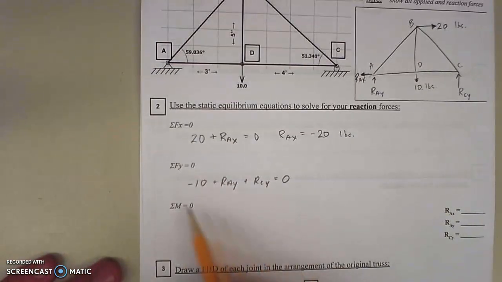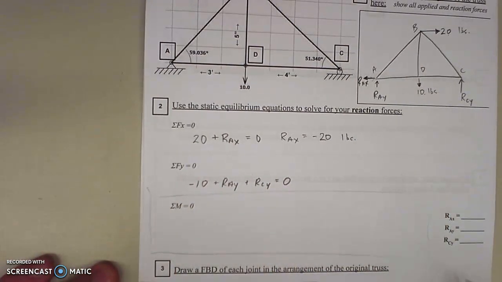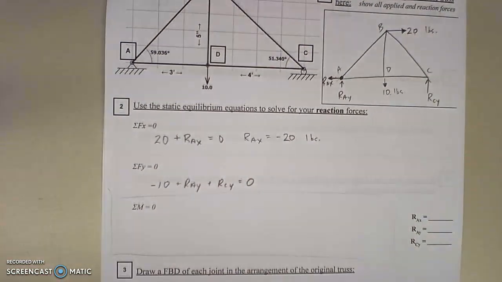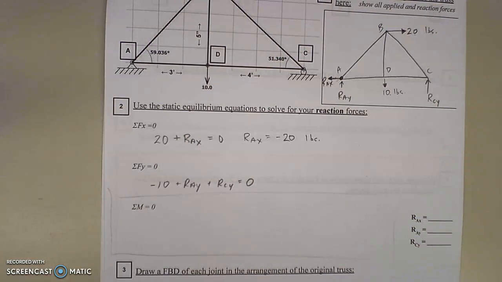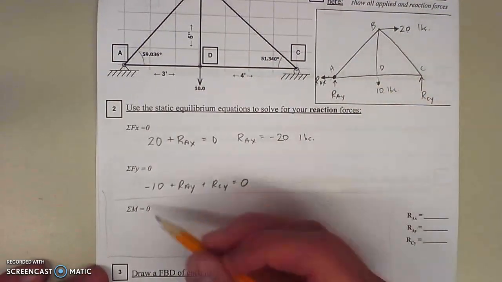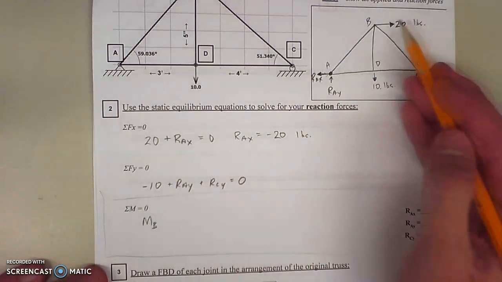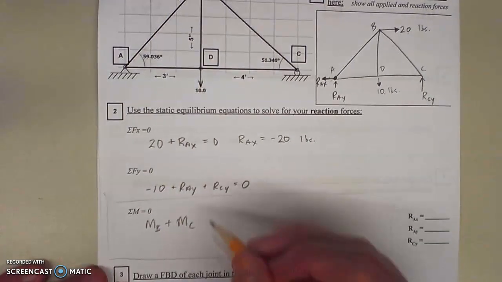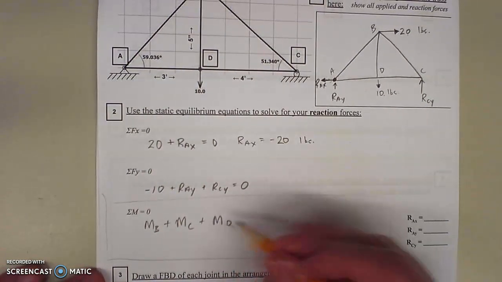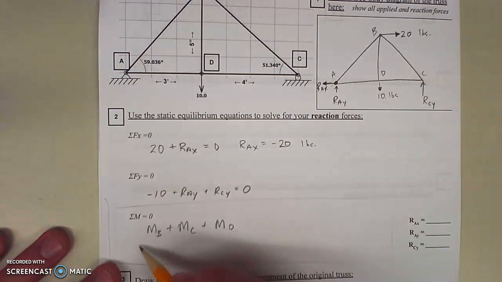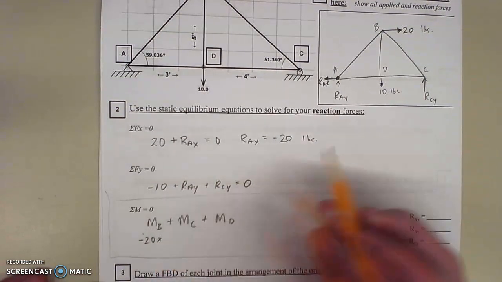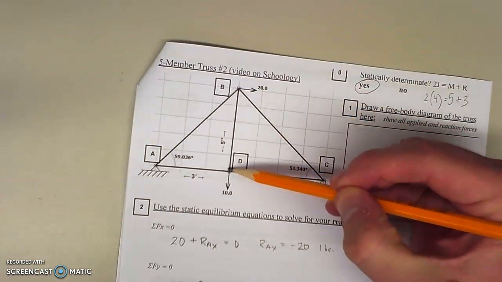So let's go into moment mode where everything changes a little bit. Let's put my pivot point right here at my pin. And let's figure out how many moments I have. Well, I have a moment at joint B. That's this 20 pounds. I have a moment at joint C coming from RCY, and I have a moment at point D. So the 20-pound moment is going to cause a negative, a clockwise rotation, and its distance is this perpendicular distance of 5.